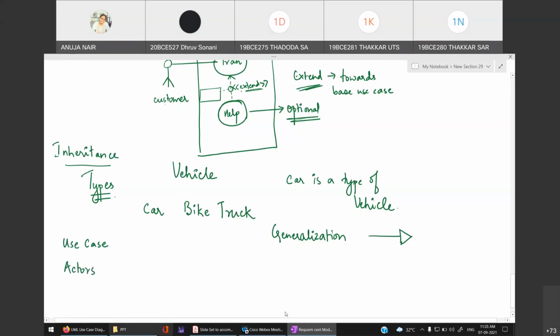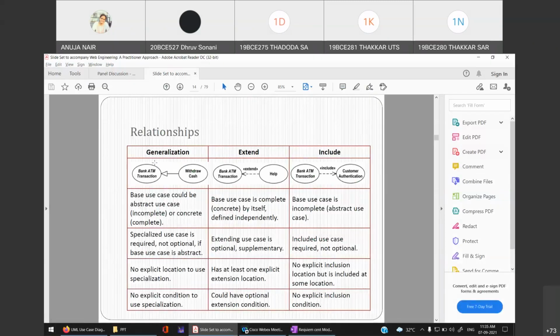So if we go back to our diagram, bank ATM transaction: what types can a bank ATM transaction have? Only one type is represented right now, which is withdraw cash.